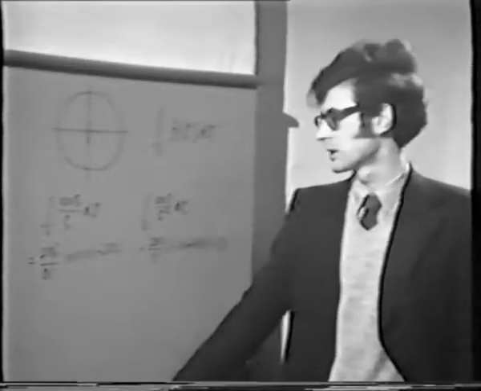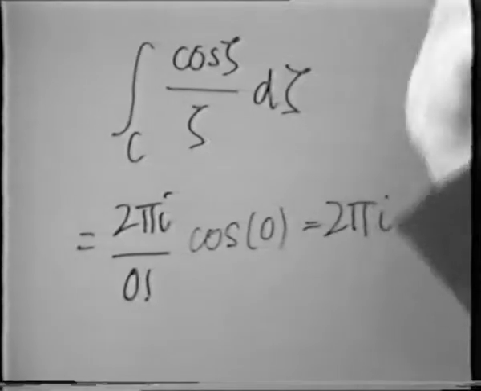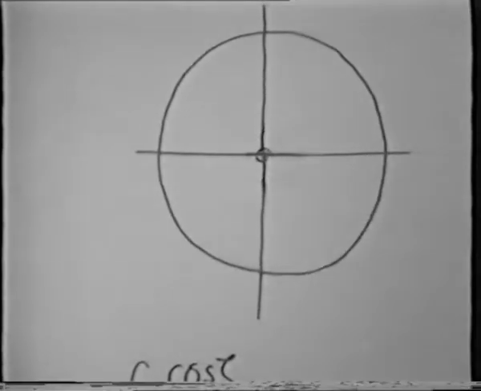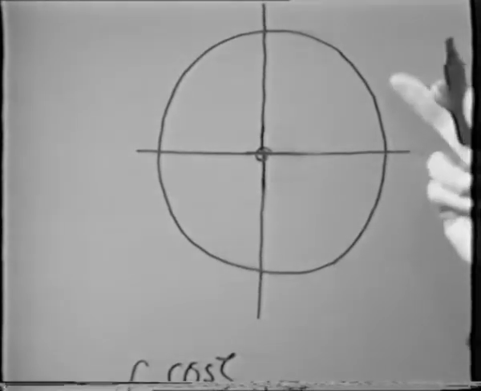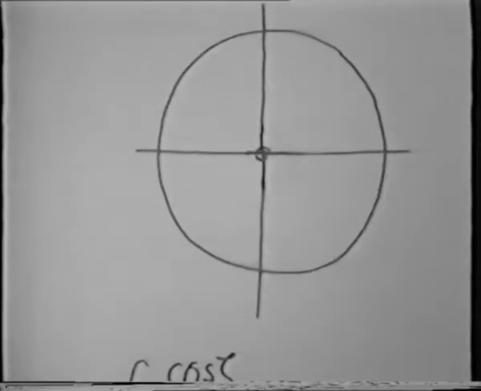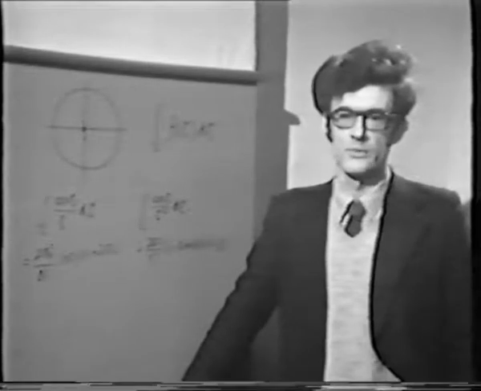Let's just look back at this function cos zeta over zeta. See, it's analytic everywhere except at the origin, where it fails to be defined. So it's certainly analytic on, for example, this punctured disk. That's this disk with the origin removed. But of course, it fails to be analytic on the whole disk. So that function certainly has a singularity at 0.